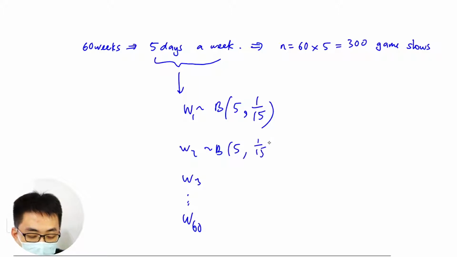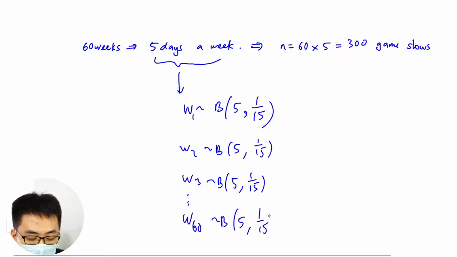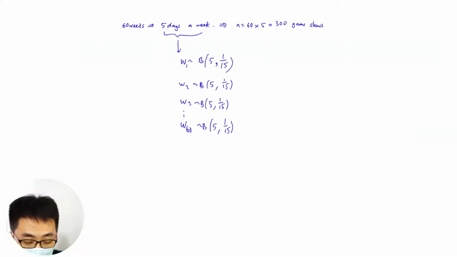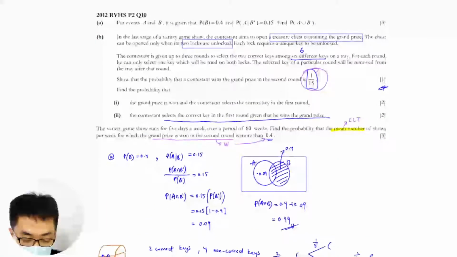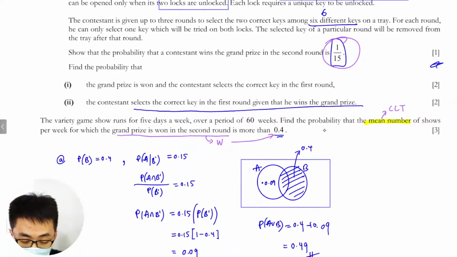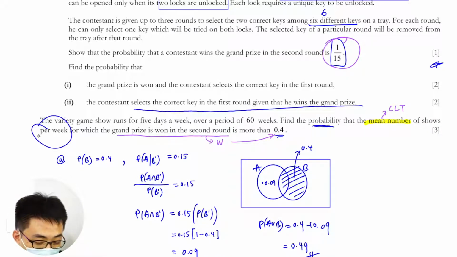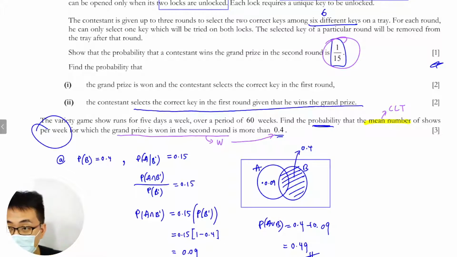Now I'm considering the weeks, not the total number of games. Initially, I was considering the total number of games because I didn't read this question properly. They say the probability of the mean number of shows per week, so I'm talking about per week now.